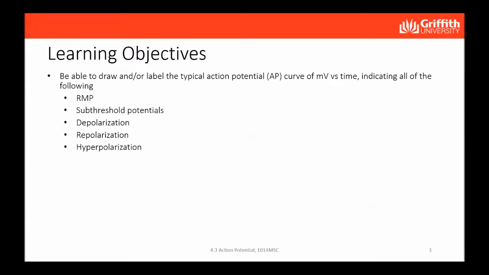The learning objectives for this topic are to draw and label the typical action potential curve of millivolts versus time, indicating the resting membrane potential, subthreshold potentials, depolarization, repolarization, and hyperpolarization. To explain the role of sodium and potassium channels in each of these steps.